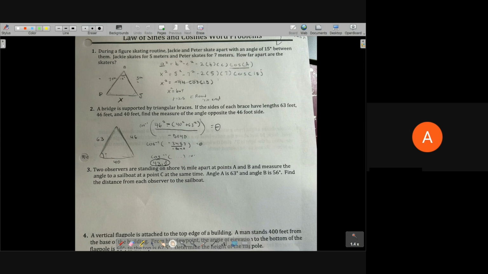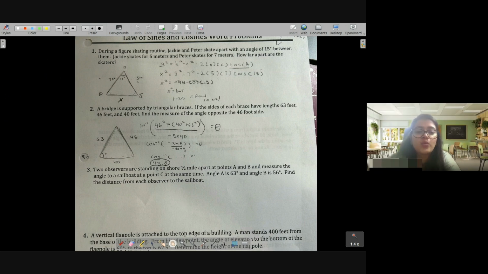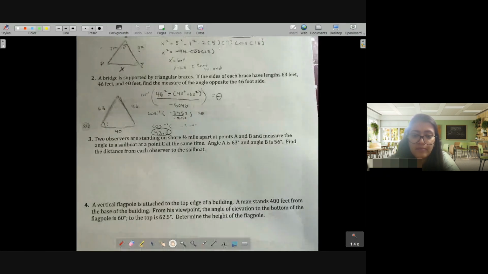Okay. Number 3, two observers are standing on shore half-mile apart at points A and B and measure the angle to a sailboat at a point C at the same time. Angle A is 63 degrees and angle B is 56 degrees. Find the distance from each observer to the sailboat.